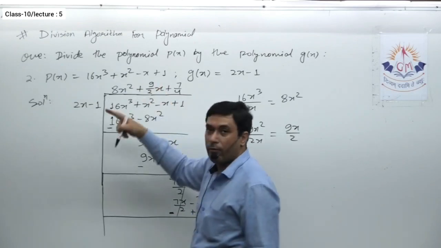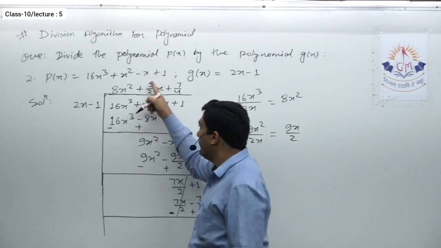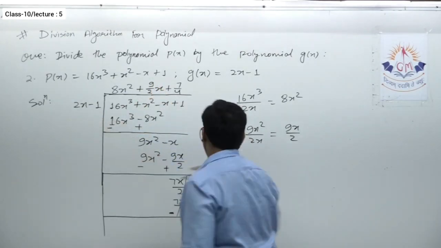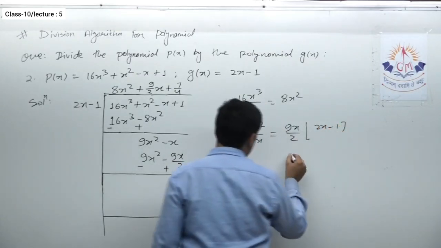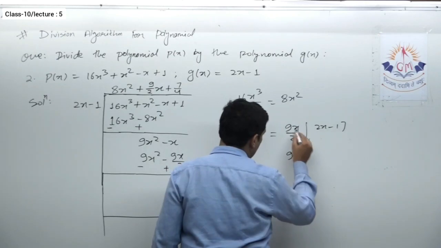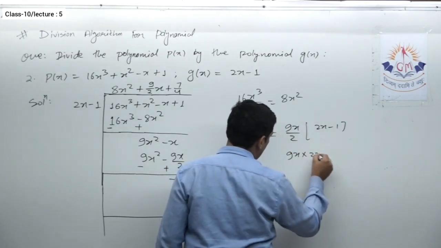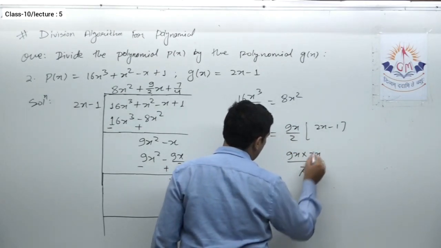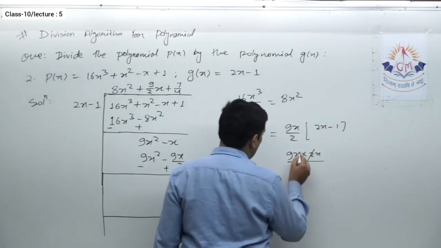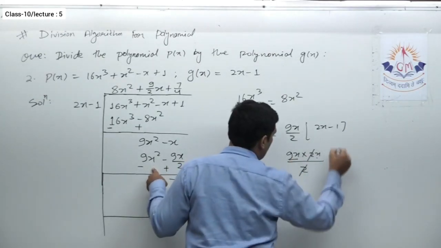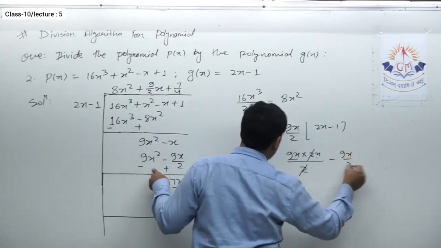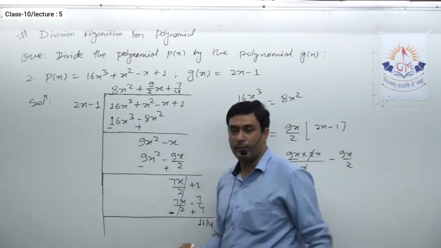Now according to the method, I have to multiply 9x by 2 with 2x minus 1. So that gives me 9x multiplied by 2x upon 2. I cancel these two, and ultimately I got 9x into x, 9x square, and when I multiply with this, I will get minus 9x by 2. So I wrote minus 9x by 2.